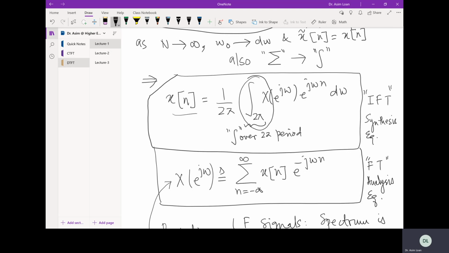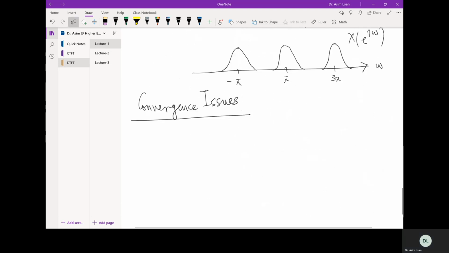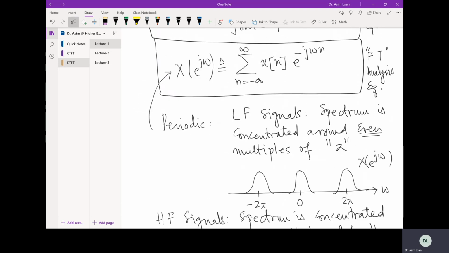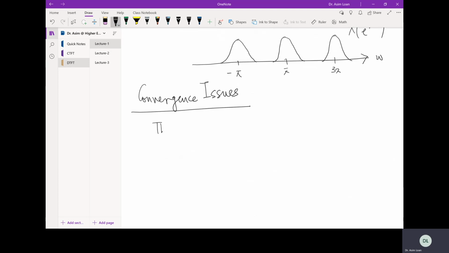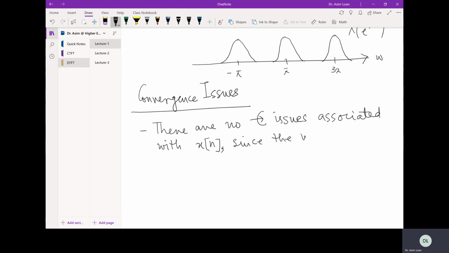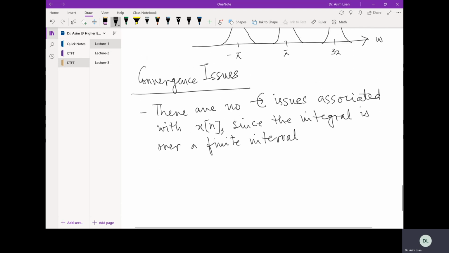So there are no convergence issues associated with x of n, since the integral is over a finite interval, and the finite interval is 2 pi.